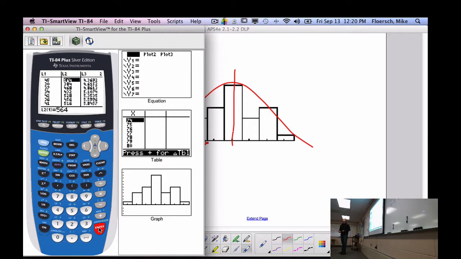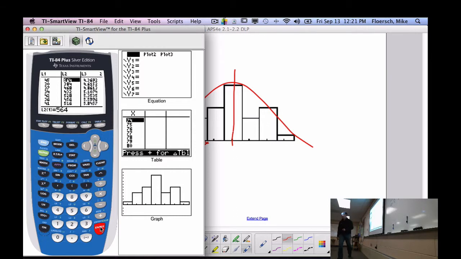Yep. I did list one. So stat, edit, you highlight L2, 12 times L1, see the L1 right above it? Plus the 24, and then when you hit enter, it fills it all in. Yep. Nate? Mine, did you scroll up?